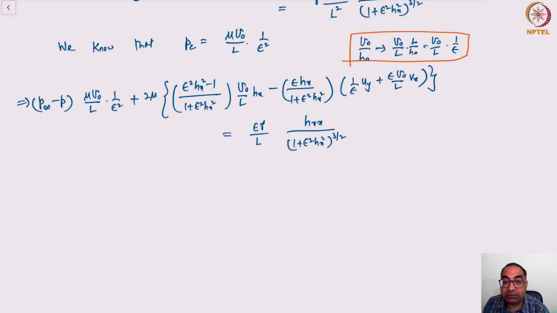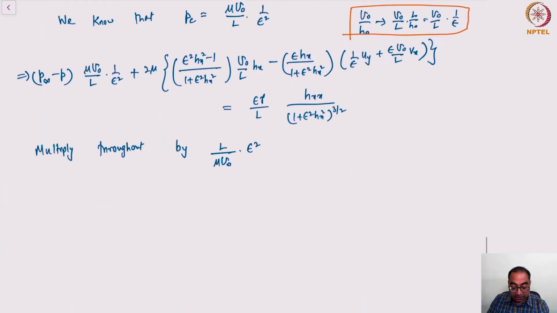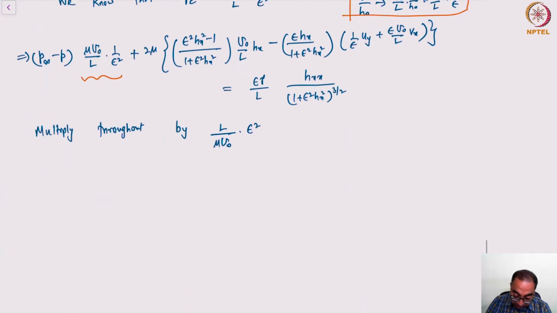Now what we can do is multiply throughout by L by mu u naught into epsilon square. If you see the equation, I'm dividing throughout by this term so that the coefficient of pressure becomes unity.